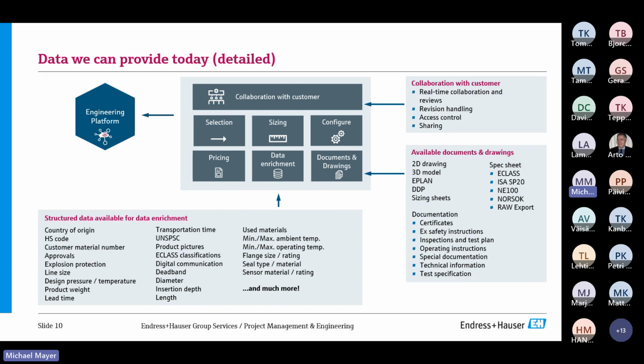And flange size, ratings, pressure ratings. And I think it's really worth classifying this data according to a certain standard, because it's really useful for customers, EPCs, to automatically evaluate at least the main data. Does it fulfill the explosion protection that is needed? Is the flange size the correct one that we asked for, and so on?